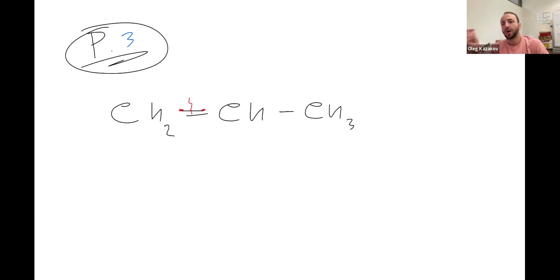So for 1,000 molecules of propene, they will now become connected via covalent bonds between carbons of those individual molecules to make a polymer.